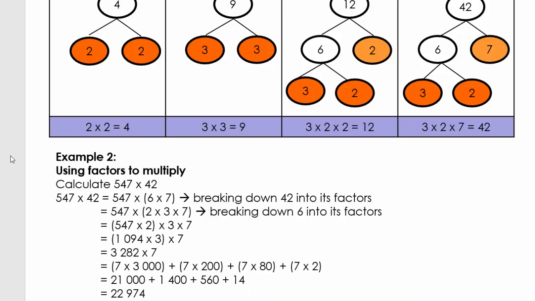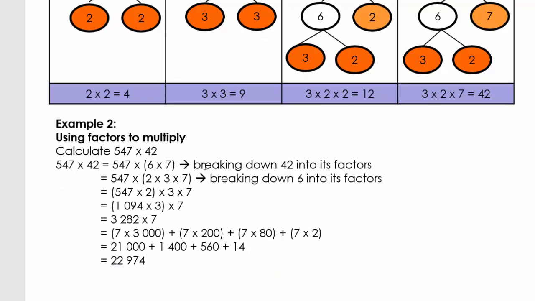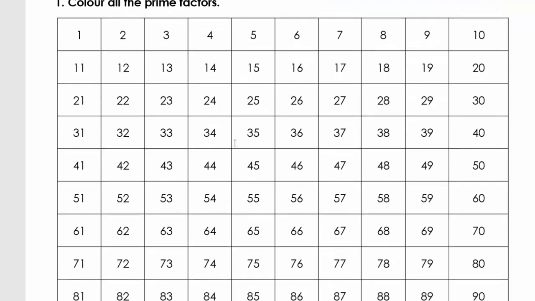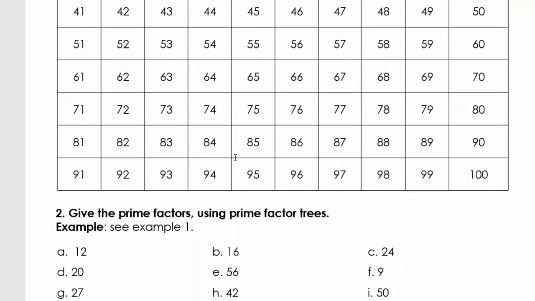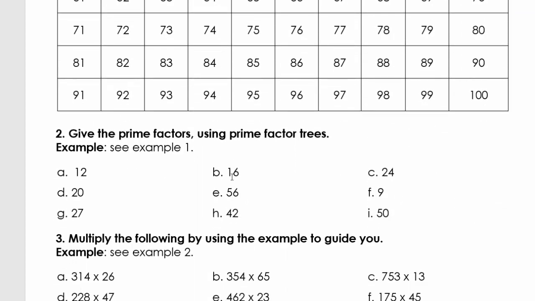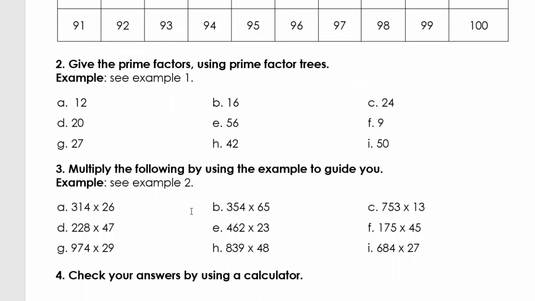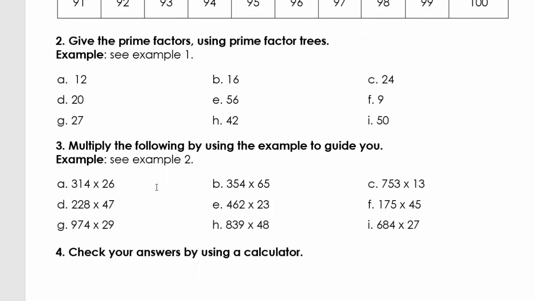Okay, so what we're going to do is scroll down and go to our worksheet. Again, the worksheet in the DBE book, or you can use the SA Teacher worksheets. And every time you can go back to the examples if you want a clearer understanding of what to do.